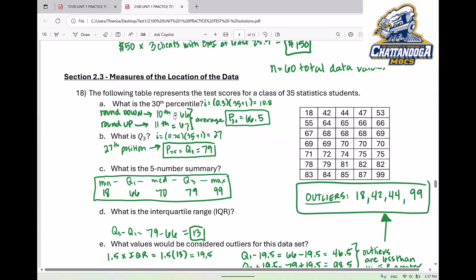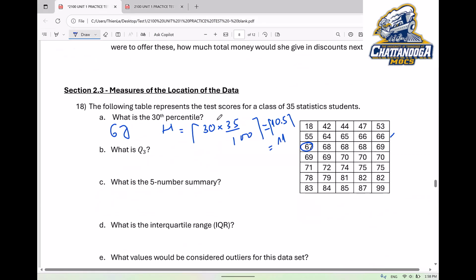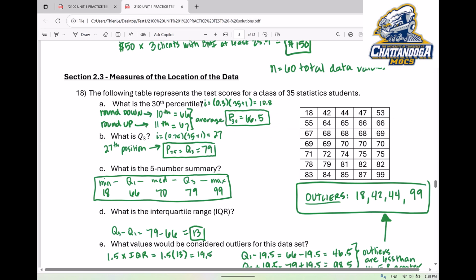Then they go down to the 10th and 11th values, which are 66 and 67 here, and they average, and they get this value as well. So you can use either way. This way to me is a bit easier to follow, but if you go with this strategy, you also get full grade.